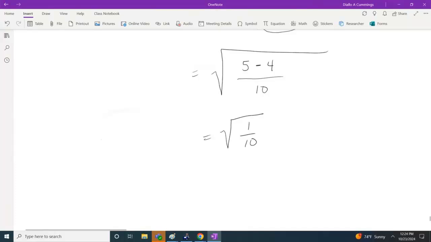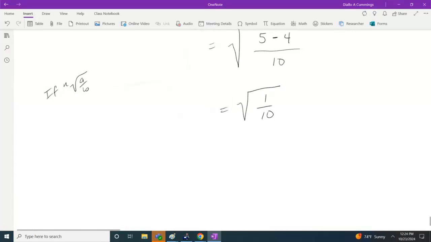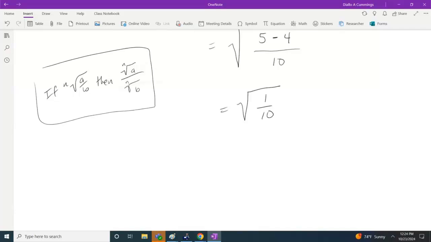If you have the nth root of a over b, then you can write this as the nth root of a over the nth root of b. This is like the quotient rule for radicals. So that means I can take the square root of 1 over 10 and write that as the square root of 1 divided by the square root of 10, right?